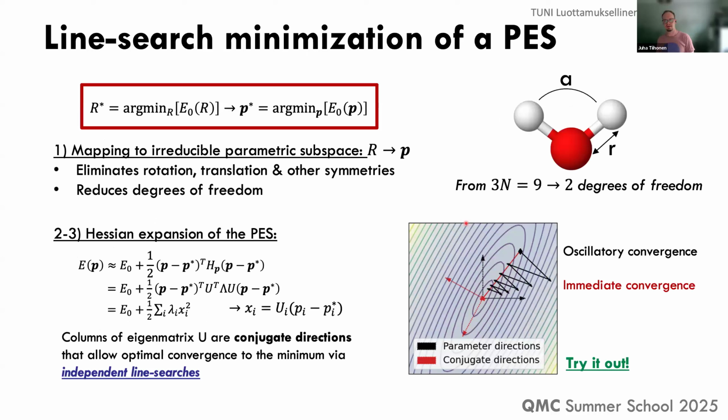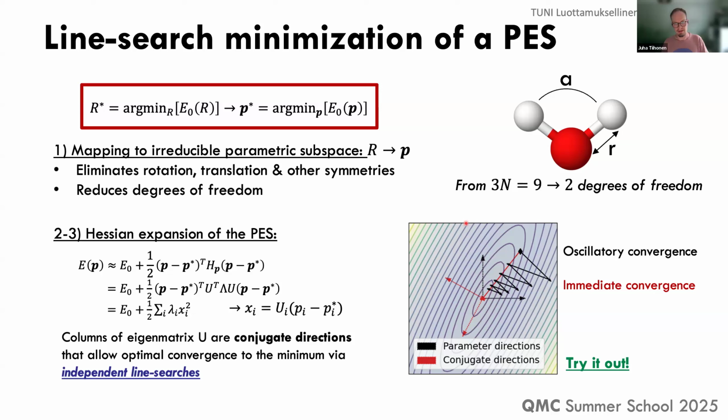Anyway, to treat the first question, what is the least amount of information needed? Obviously, if we're minimizing a structure, we are not necessarily minimizing all 3N ionic coordinate positions. Somehow that's redundant. There's rotation and translation, and maybe other symmetries involved in the ground state that we want to eliminate.